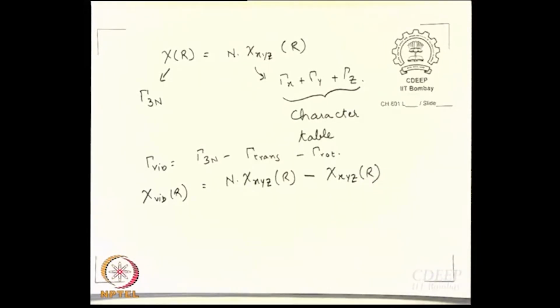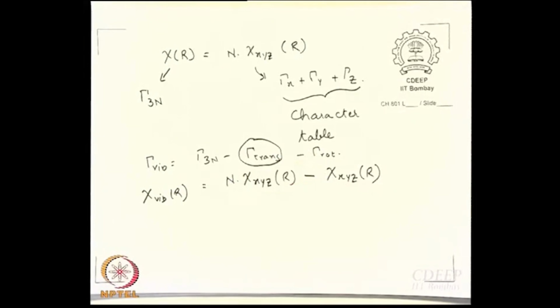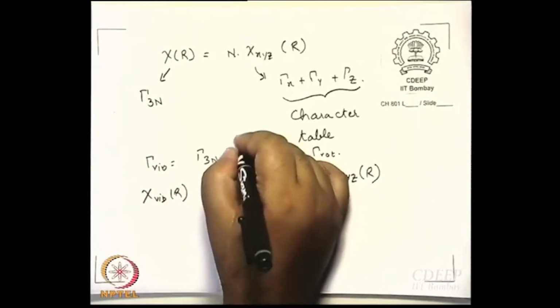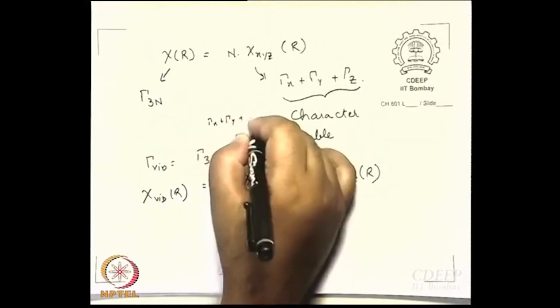Chi x y z R is the character for the particular symmetry operation R in the representation that you generate by combining the irreducible representations of x and y and z. What is gamma trans? Is gamma trans not gamma x plus gamma y plus gamma z?